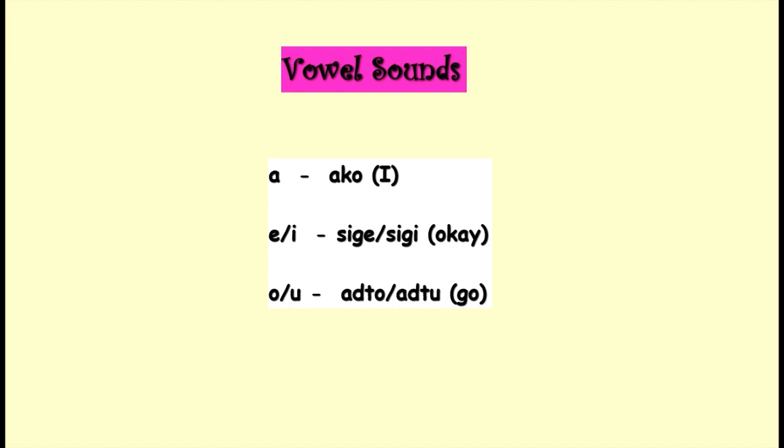Whether it is spelled with an E, it will still be spoken as sige. And the last is the U sound, like the O in the English word do. For example, adtu, meaning go.